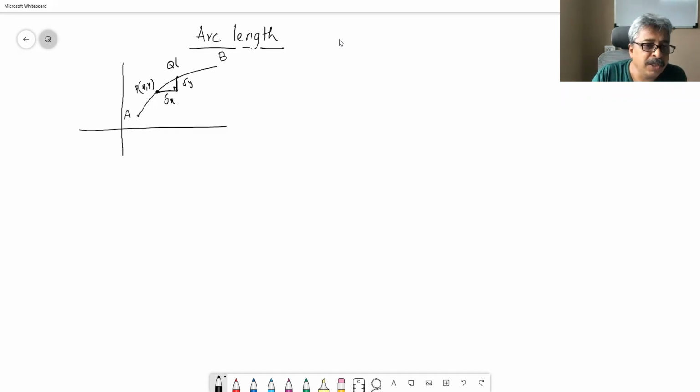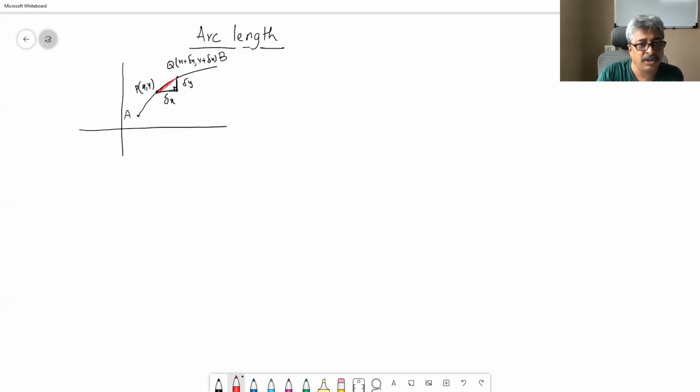Of course, Q will be (x plus delta x, y plus delta y). Now, if this delta x is really small, then the curve length is this, which can be approximated; in the limiting case they are going to be equal.